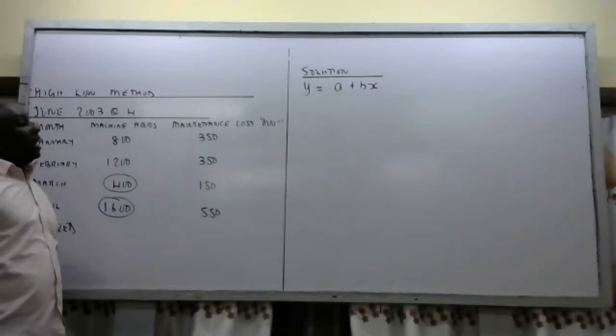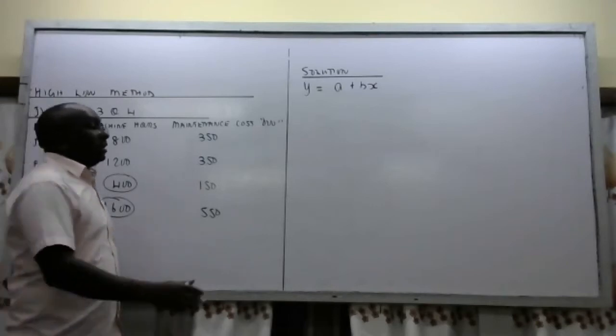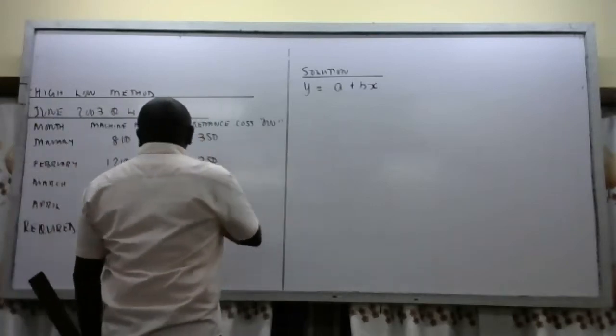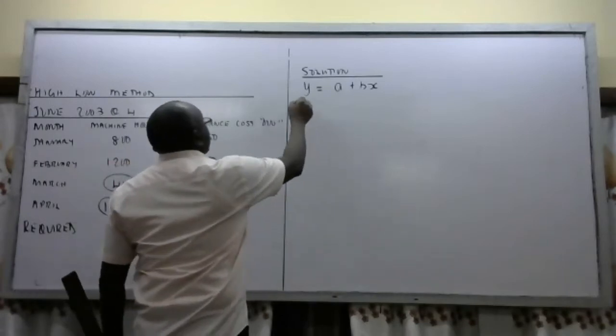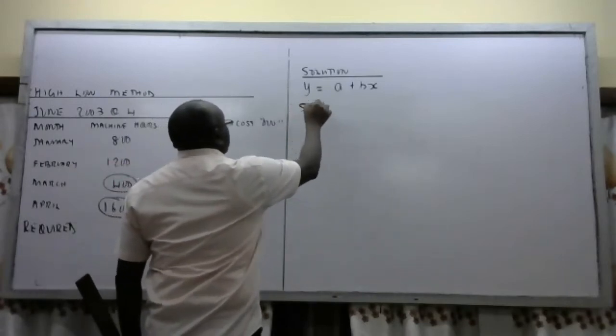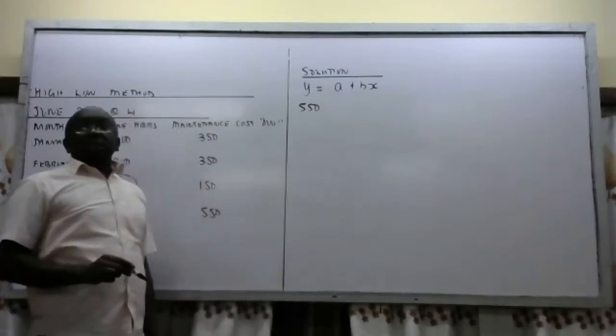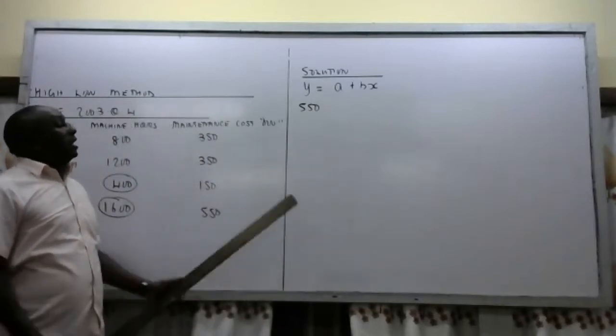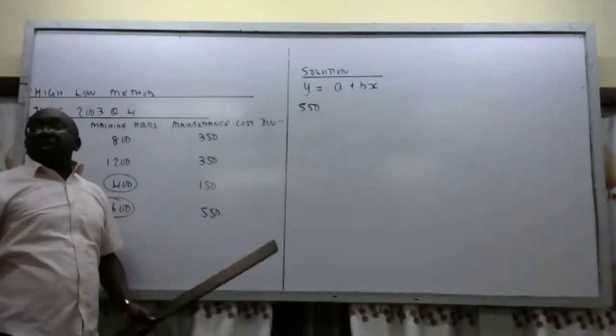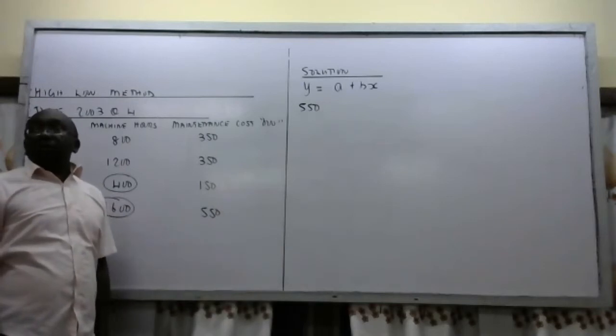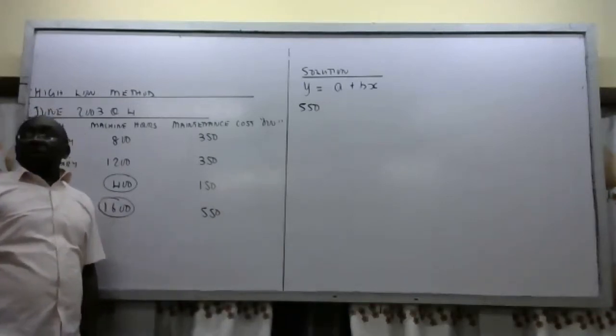So having done that, for the highest, the cost is 550. Now, if you write something like this, 550, and then you proceed, your answer will be wrong. Why?